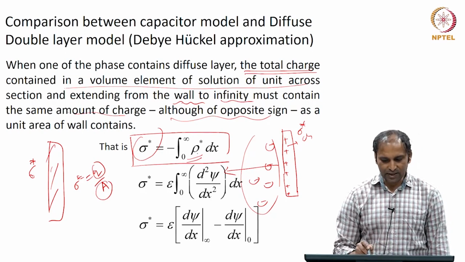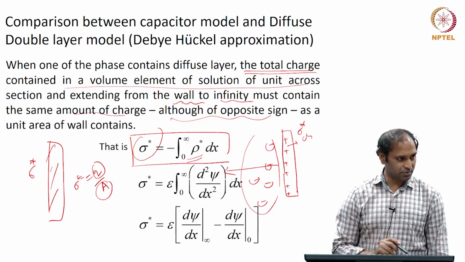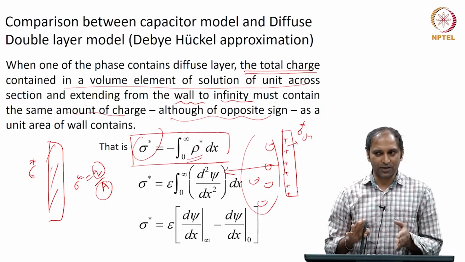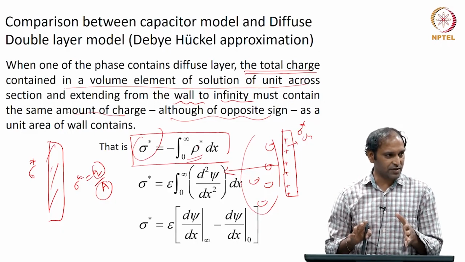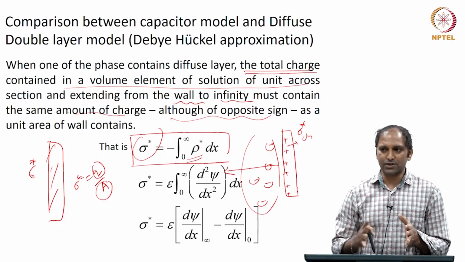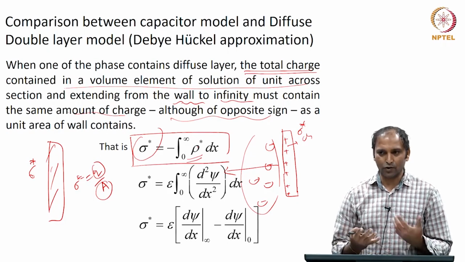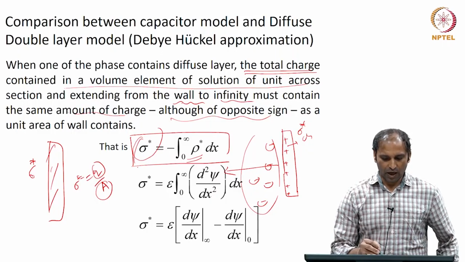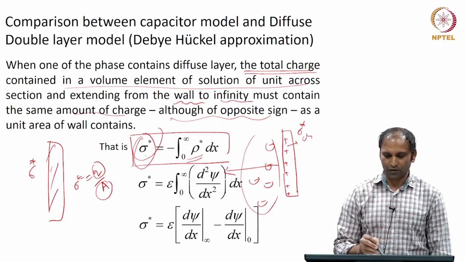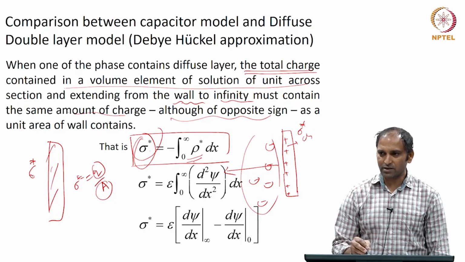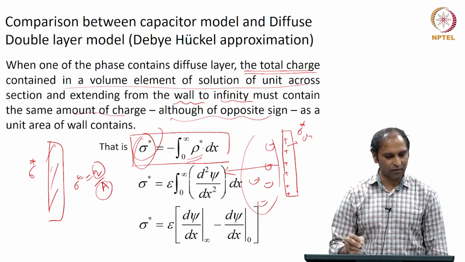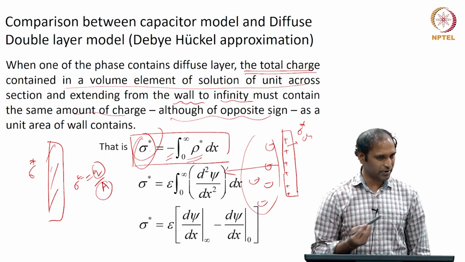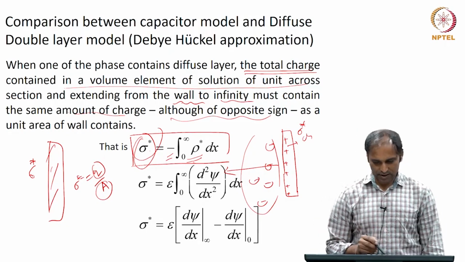In this case, rho star is a charge in the solution. So we are talking about equating the charges on the particle surface and the charges in solution. Because electroneutrality must be preserved, the total charges in the solution should be the same as the charges on the particle surface. However, they should be of opposite sign. Think a little bit about this. We can discuss this further as well.